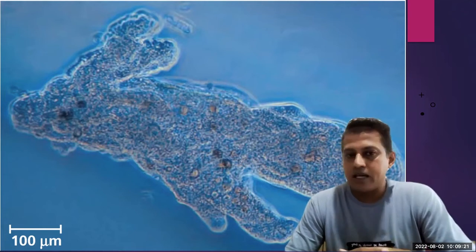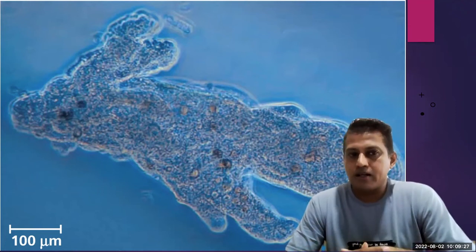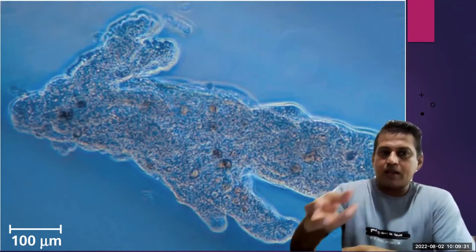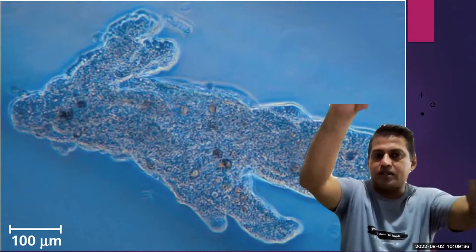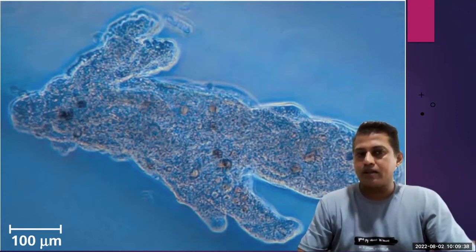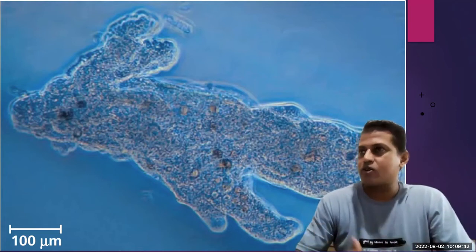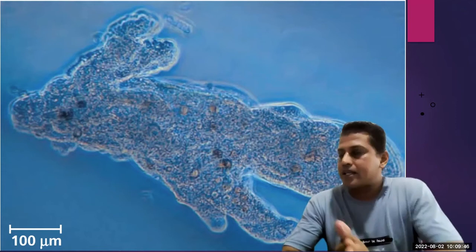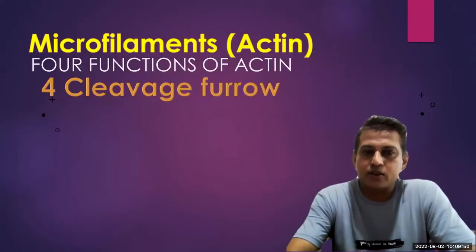They don't use cilia, they don't use flagella, but they have a different mechanism, the pseudopodium. They extend the cytoplasm. First they elongate the cell membrane and then push cytoplasm into that, like a crawling type of movement. So that's the actin role in making a pseudopodia.